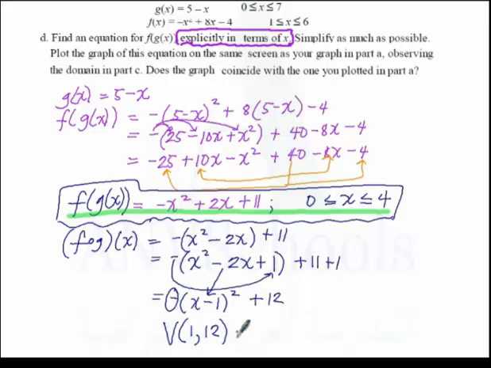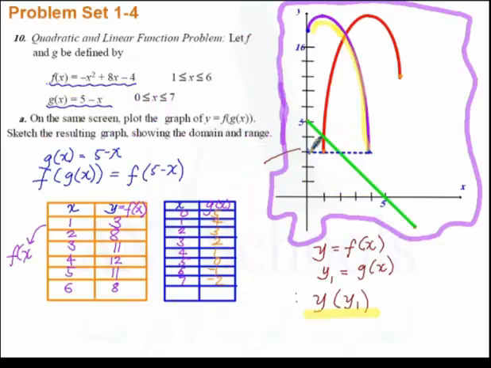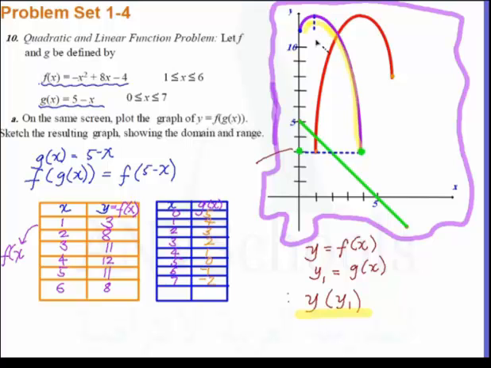And this is negative, so we assume that it opens downwards with a vertex occurring at this point, (1, 12). Now, since our restricted domain is only from 0 to 4, let's see our graph in part A. We have from 0 to 4, and our vertex is occurring at (1, 12).